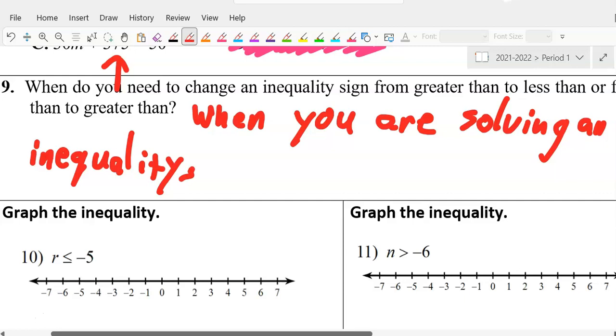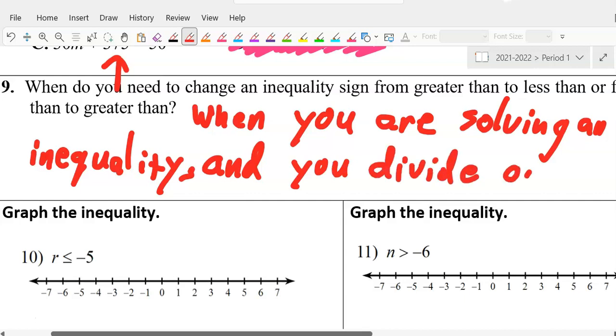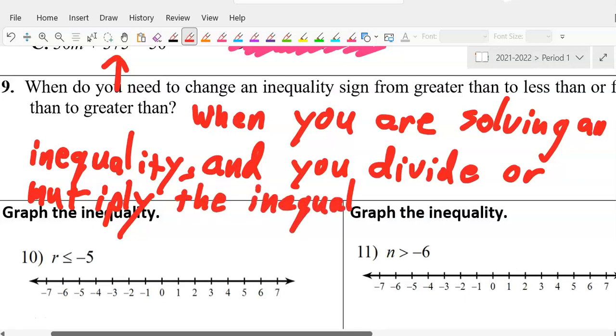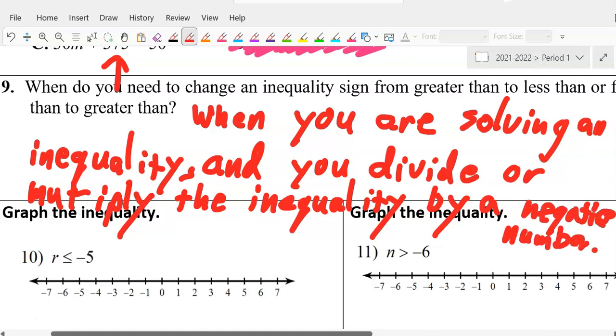But it's when you're solving an inequality and then you divide or multiply the inequality by a negative number. This is what we wrote in our notes, right? I'm going to highlight negative, so if you want to circle it and make a big deal out of it on your paper, that's a good idea.